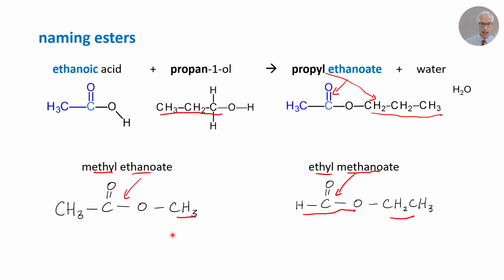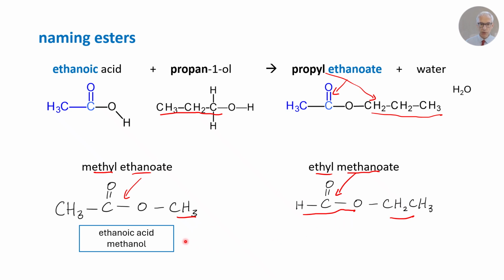So what acid and what alcohol would be required to make methyl ethanoate? Well, we've got 2 carbons in the ethanoate group, so they come from the carboxylic acid, so that must be ethanoic acid with 2 carbons. The alkyl group is a methyl group. It contains 1 carbon, so that must come from the alcohol with 1 carbon, methanol.